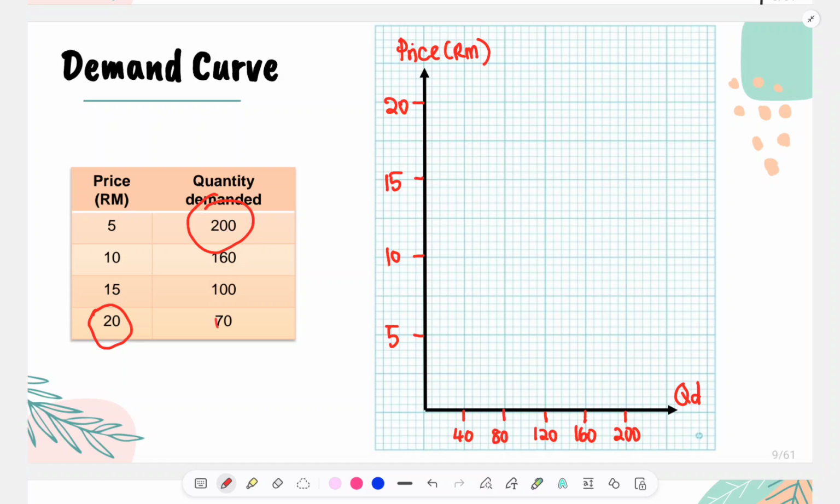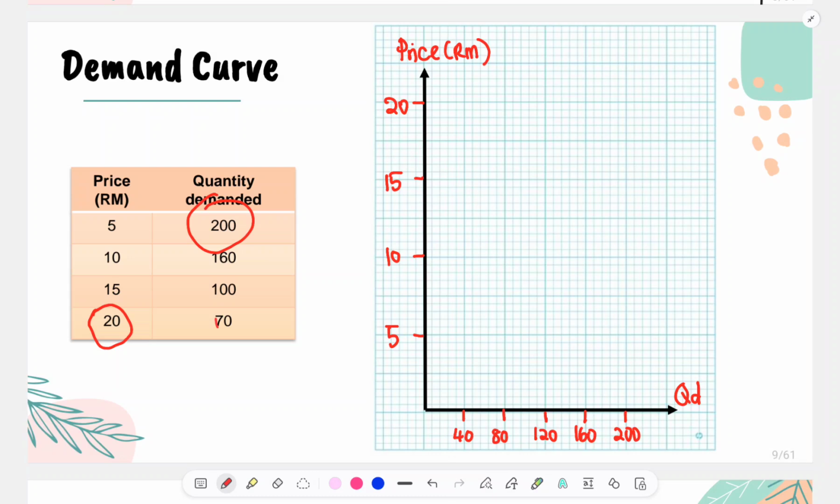So you can see the scale for price and the scale for quantity demanded doesn't need to be the same, just consistent on its own axis. Now we will plot each of the points from the table one by one.